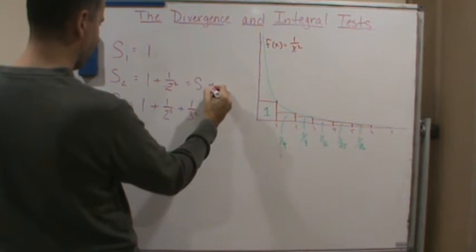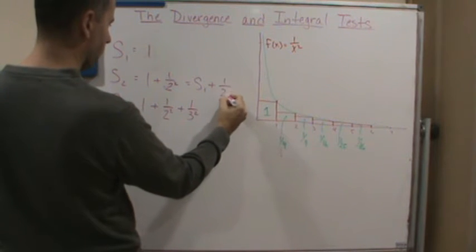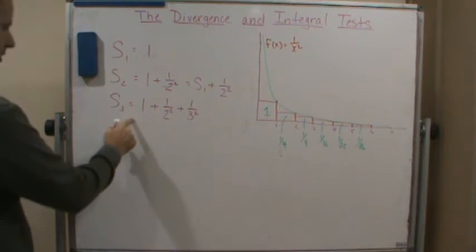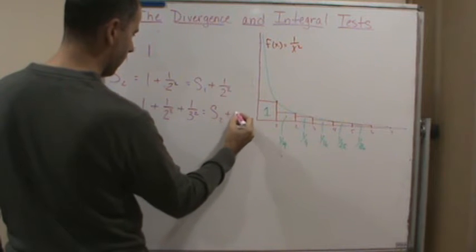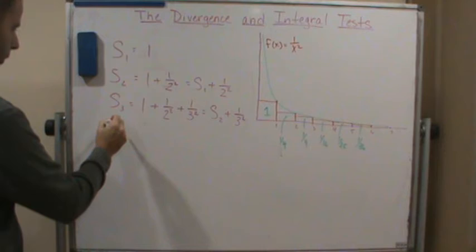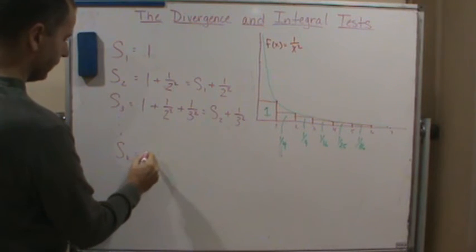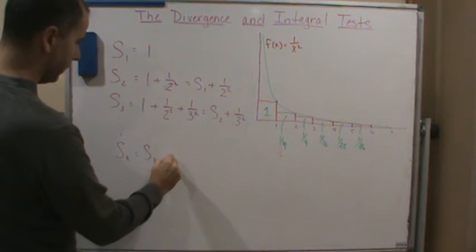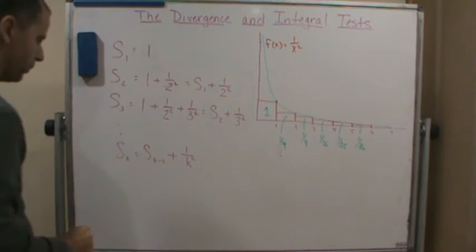S1 plus what? 1 over 2 squared. And S3 can be written as what? S sub 2 plus 1 over 3 squared. So if you keep going, well, we can write S sub k is equal to what? S sub k minus 1 plus 1 over k squared.